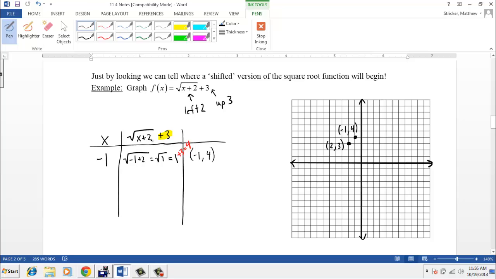Can we take the square root of 3? No, but the next one, 2, gives us the square root of 2 plus 2, or 4, plus 3. Square root of 4 is 2, so 2 plus 3 is 5. So this is the point 2, 5.